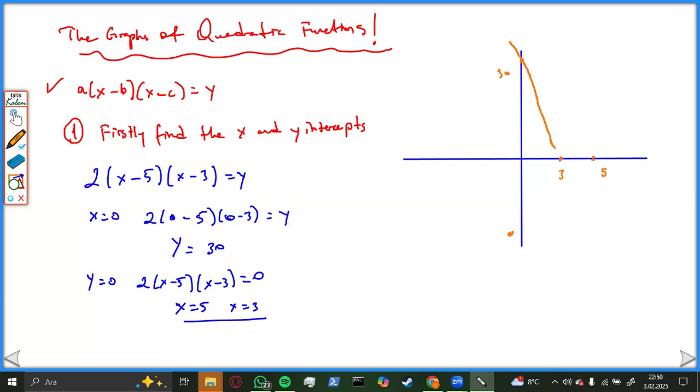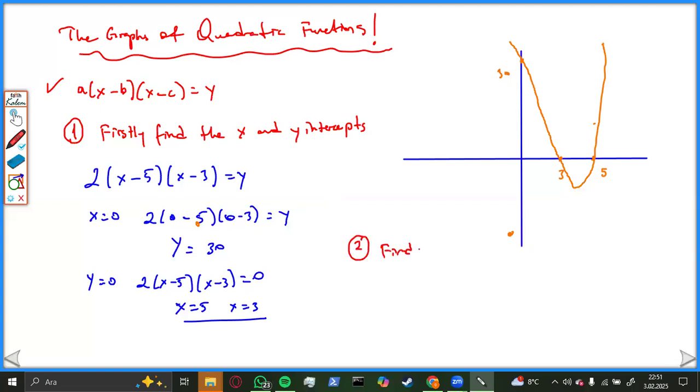Actually, I can draw the graph. Right now, it is a parabola. It is the graph of a quadratic function. No problem. But if you want to define a quadratic function properly, you may also need the vertex of the quadratic function. It is very important. You may need the vertex.